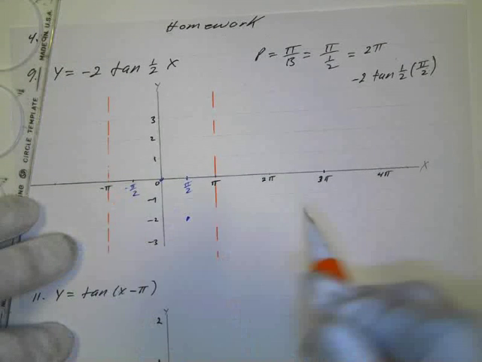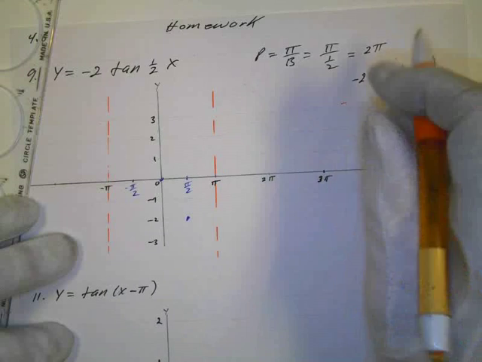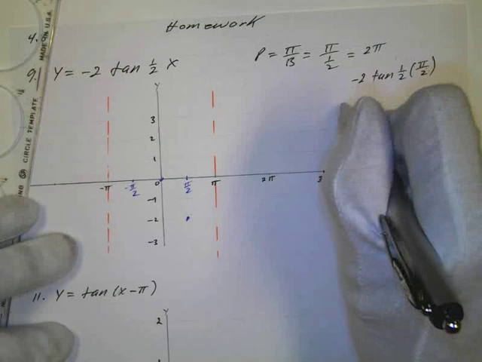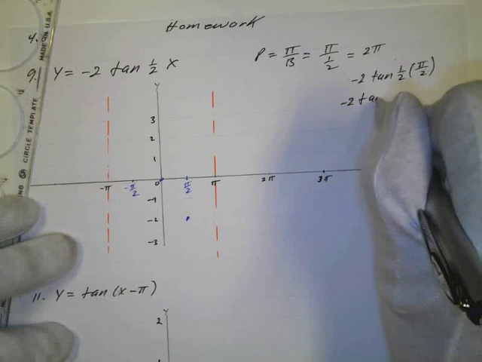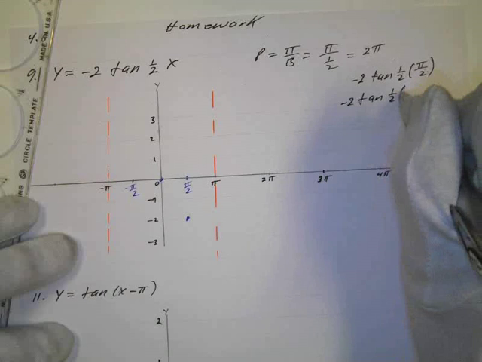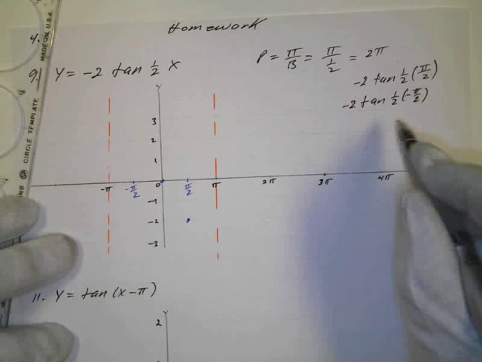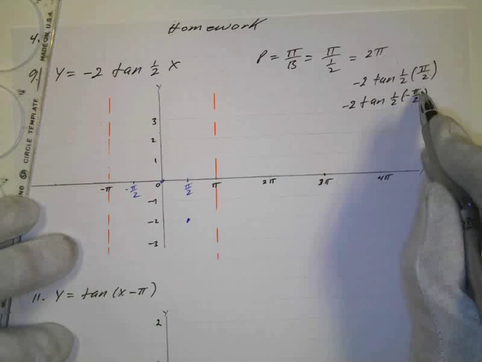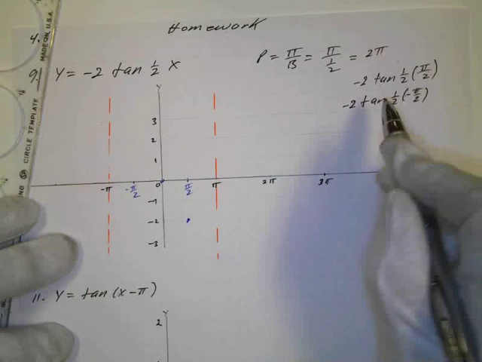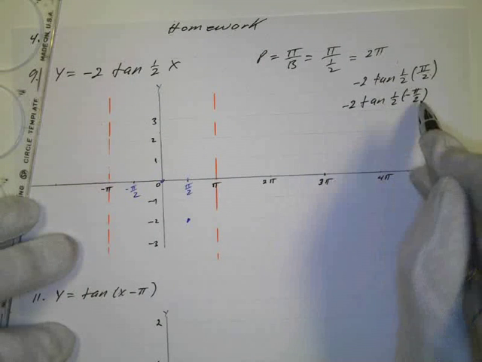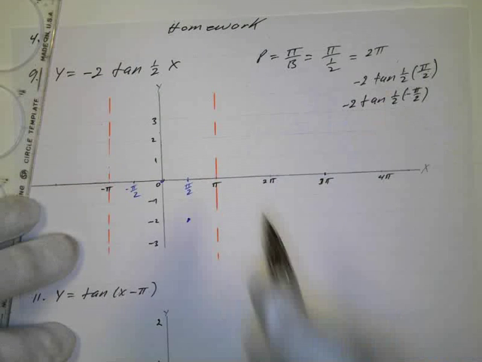And then if I want to see negative pi over 2, I have negative 2 tangent of 1/2 times negative pi over 2. And that's just the tangent of negative pi over 4. That's in the fourth quadrant, so that's negative. So that's going to be negative 1 times negative 2, which is positive 2.